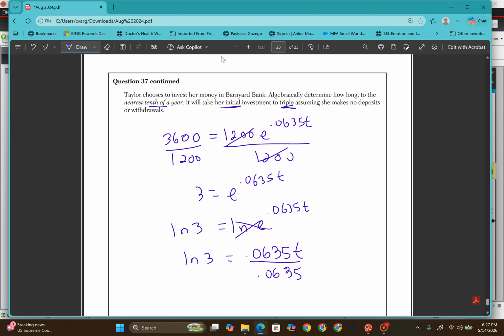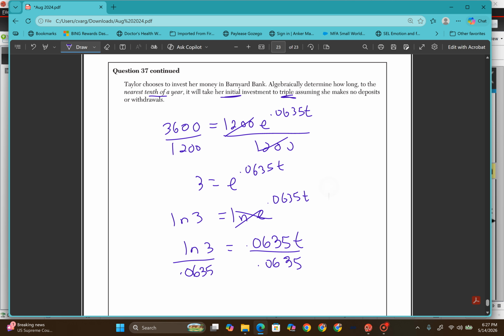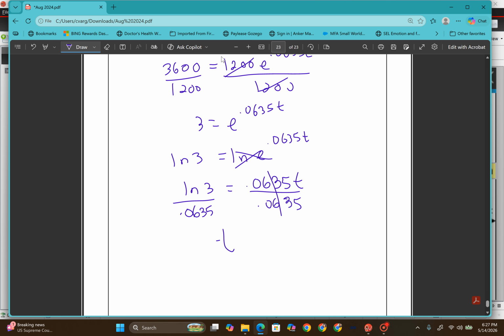I'm just showing this for anybody who cares. This cancels out. So you're going to get t is about 17.3. So t is about 17.3. So that is to the nearest tenth of a year. So this is years.